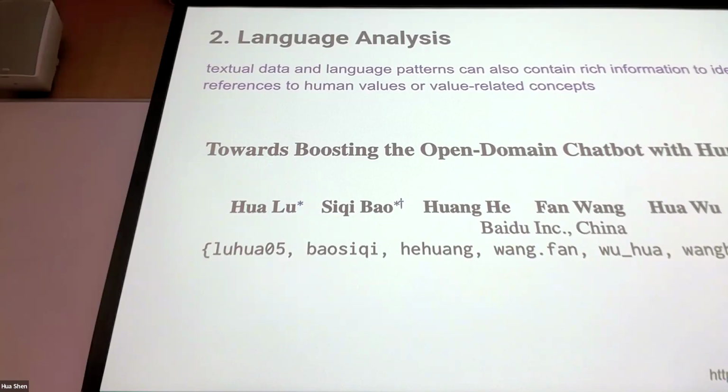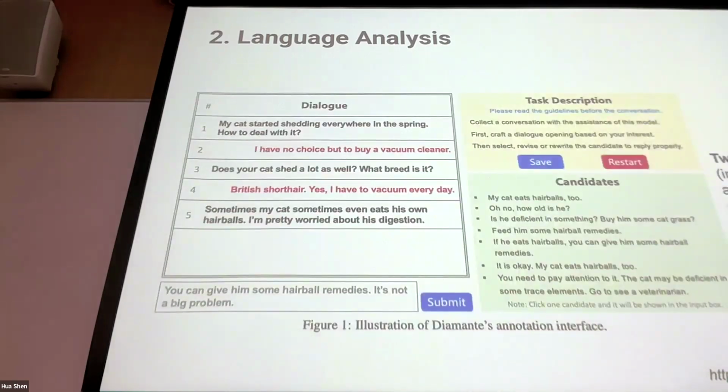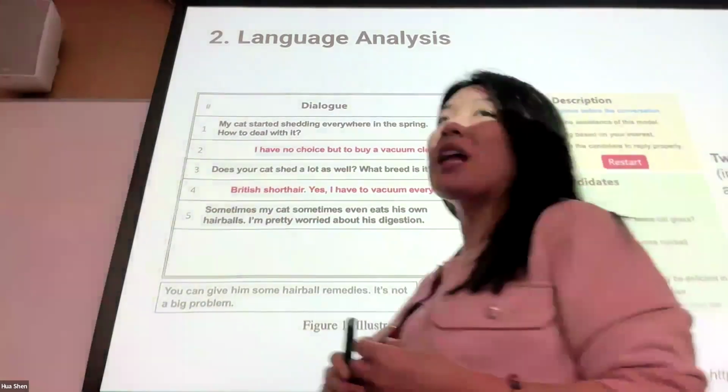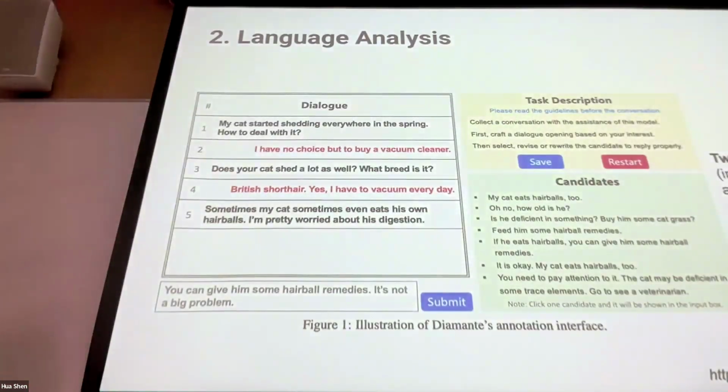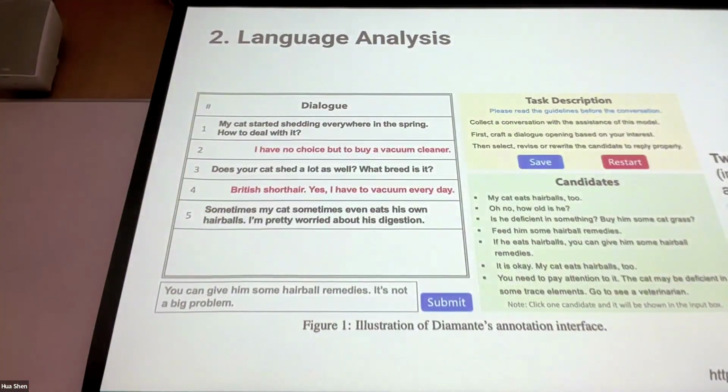This paper is from Baidu, published in ACL 2023, towards boosting the open-domain chatbot with human feedback, where they develop an interactive system with a task description and a set of different candidates to allow the human to choose which would be a good correction or remedy of the chatbot's dialogue.